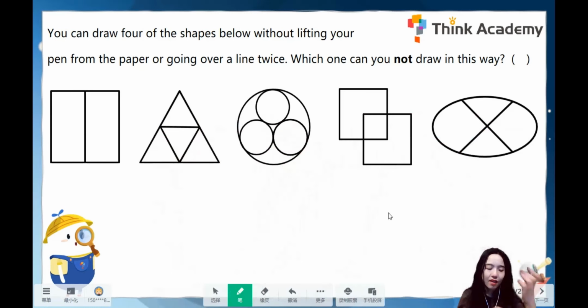Now, the thing we need to do is try to study the property of one single line. Starting from the 2 ending points, there is only one line stretching in the other direction. But if you start from a point in the middle, there will be 2 lines extending in different directions.